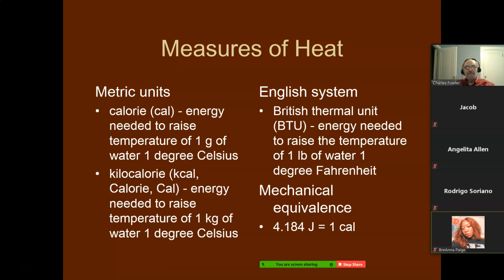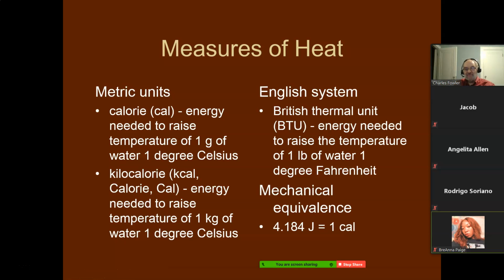Okay. Now, we'll be talking about them shortly, but the mechanical equivalence of heat is 4.184 joules of energy is the same as 1 calorie of heat. Now that's a little c calorie.